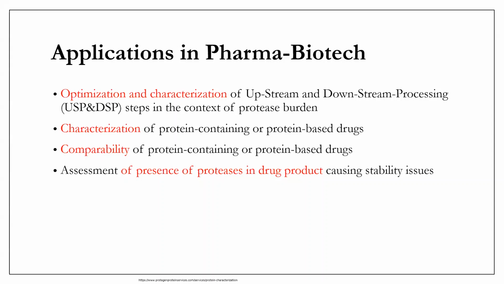Now you will check that your protein-based drug is functional against the disease for which it is going to be used, if it is effective, and how it compares with other drugs in the market, or in a company. That functional comparability can also be done with the help of protein analytical techniques.